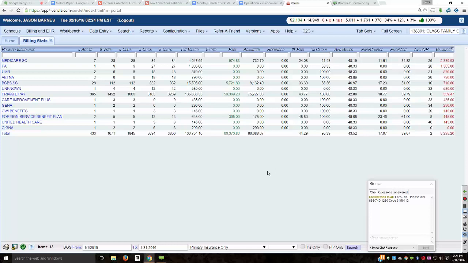So you have to be very specific with how you want to look at the collections that you're looking for, because you want every single date of service to get paid, but you want to make sure that you're collecting enough in any given month to cover your overhead as well.